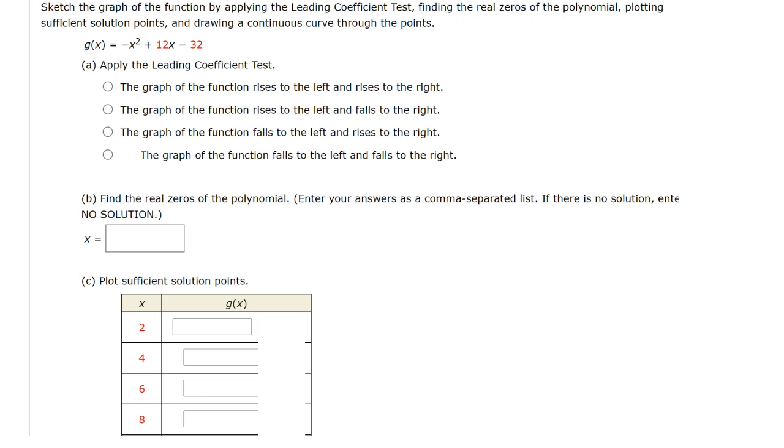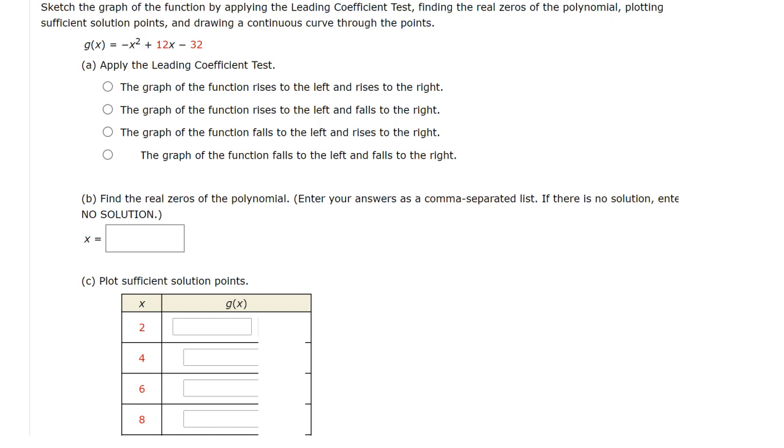Now let's say that they would have given me an odd function, okay, and the leading coefficient was positive, then it was going to fall on the left, rise on the right. If the leading coefficient would have been negative and an odd function, it would have risen on the left, fall on the right. Okay, so this is just a review for your final.